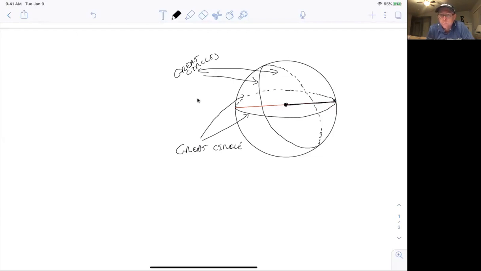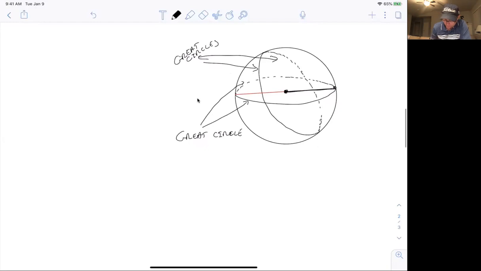It also happens to be obviously a radius of the sphere. So a great circle, since it shares the same center, is going to have the same radius as a sphere, since it's coming from the middle. So let's remember as we do some of the problems today that the radius of a great circle is the same as the radius of the sphere.